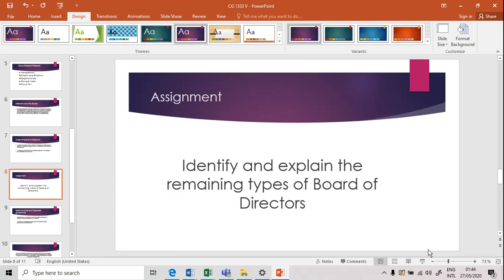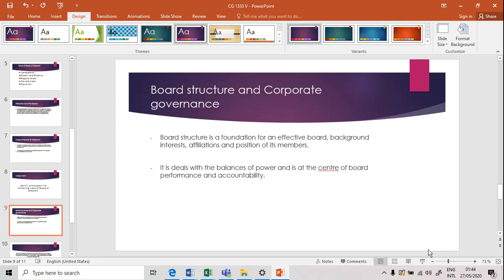Board structure and corporate governance. Board structure is very important when it comes to adding value to a corporation. Structuring a board is focused on ensuring that the board has an effective composition, size, and commitment to adequately discharge responsibilities and duties.